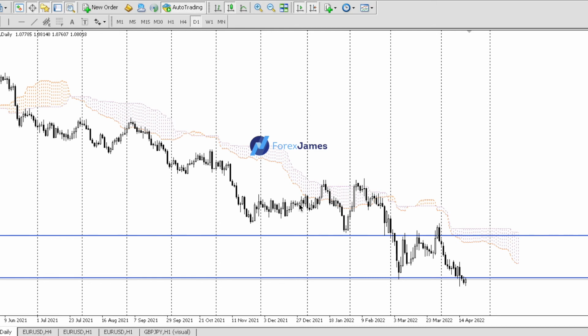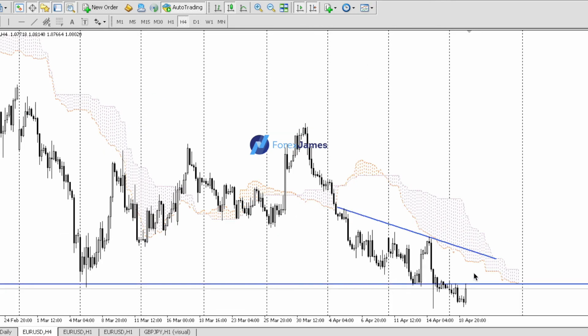We're still in the EU. Price is below support. It did not make a breakout to the downside immediately, but it's still hovering below the support line. Looking at H4, this could still be a break and a retest for a continuation to the downside.